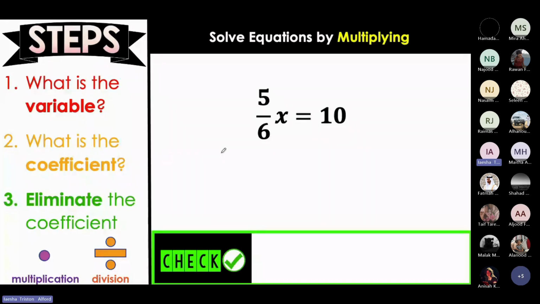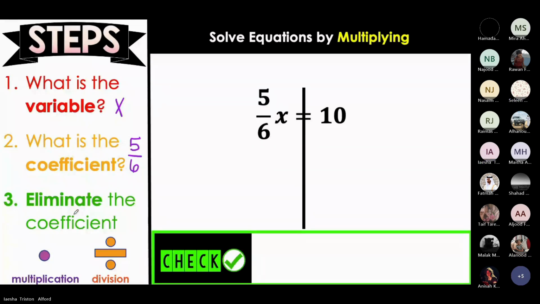This one, what's your variable? X. What is your coefficient? Positive 5 over 6. How do we make this fraction go away? Multiply or divide? Multiply.